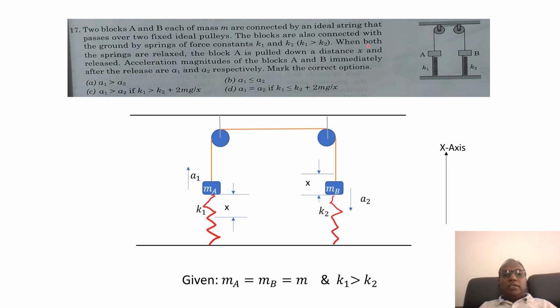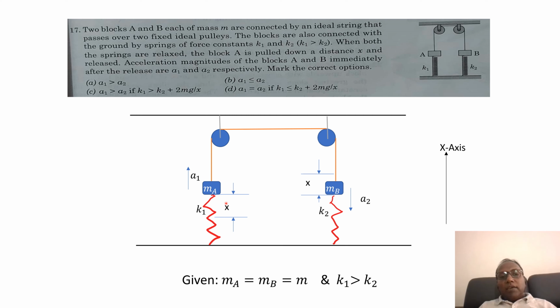Question further says when both the springs are relaxed, the block A is pulled down a distance x. Block A is pulled by a distance x downward and released. So what is happening when you are pulling the block A downward?